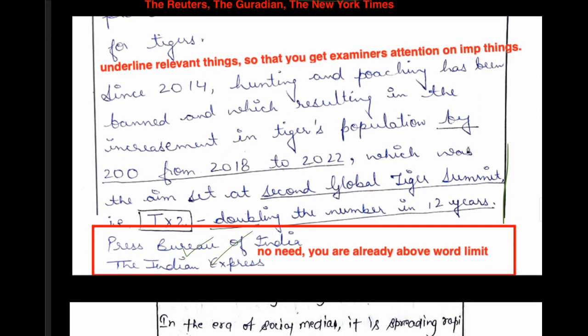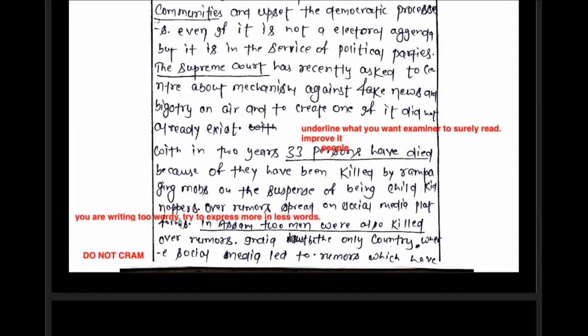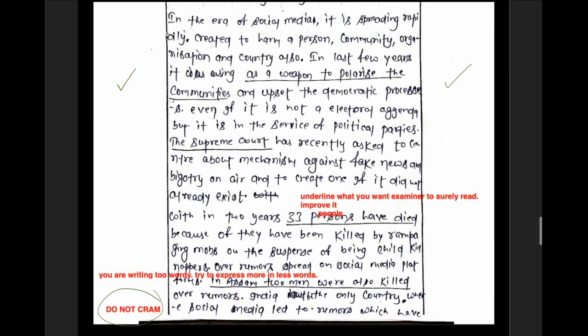I've already explained that you need not write the ending source if you don't have the time or word limit for it. Now, what has this candidate done? This candidate, okay, he has taken space on both sides. Very good. What he has done is he has crammed up. Do not cram. He has crammed this very badly.